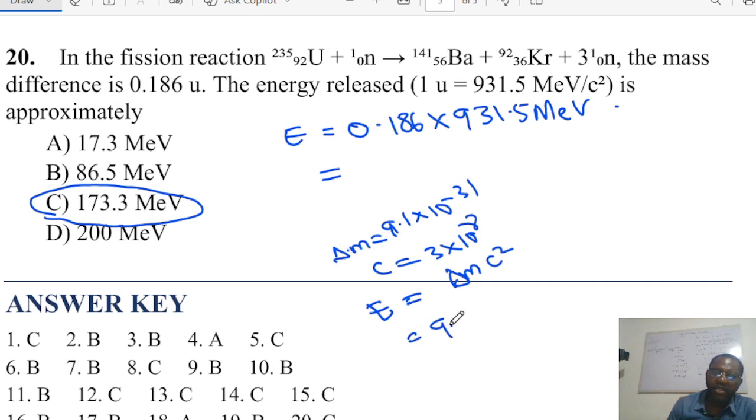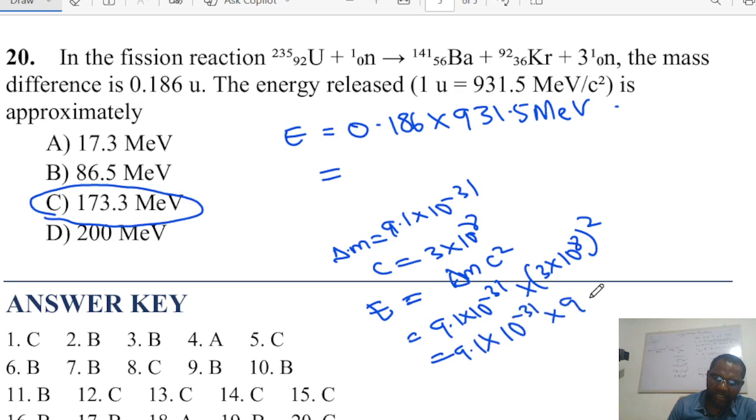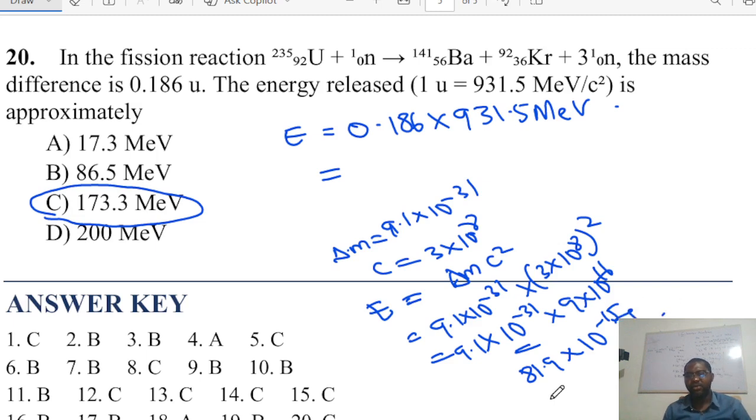So it's going to be 9.1 times 10 to the power minus 31 multiplied by 3 times 10 to the power 8 squared, which is 9 times 10 to the power 16. You can do your calculation, and I think this is 81.9 times 10 to the power minus 15 joules. So the energy can be represented in joules and can also be represented in mega electron volts. Thank you very much. See you in my next video.